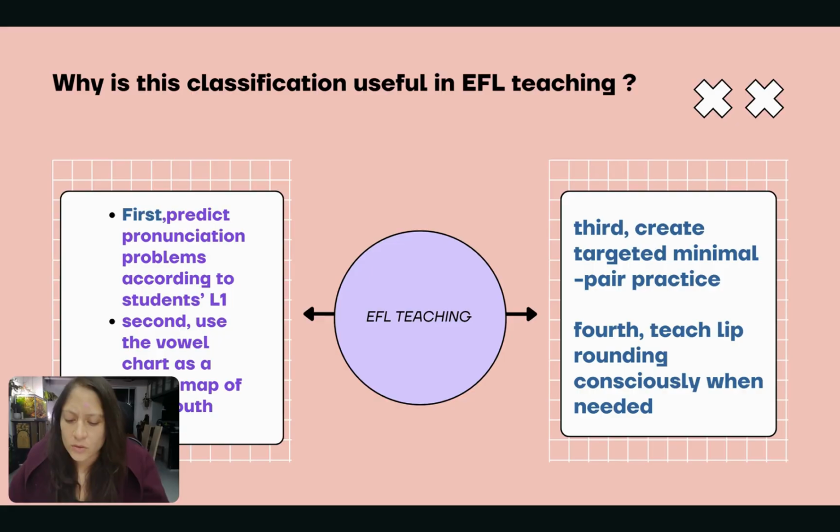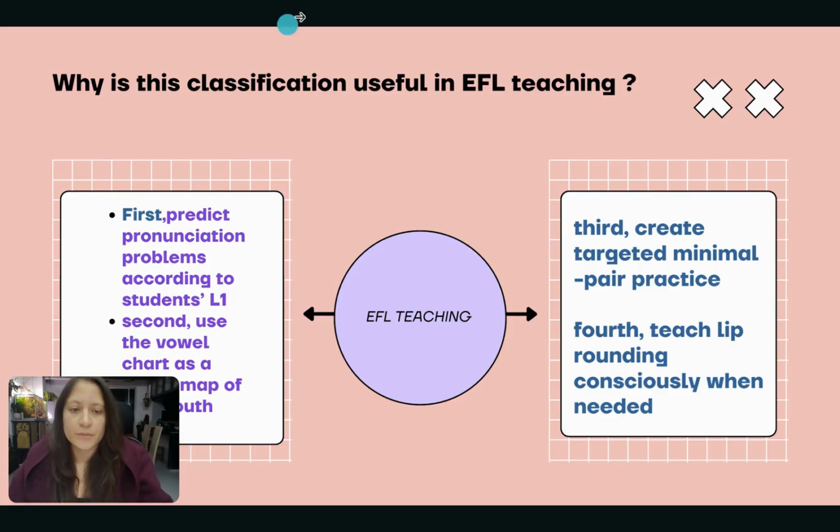So, how does understanding vowel classification help us in teaching? First, we can predict pronunciation. Second, we use the vowel chart. Third, we create targeted minimal pair practice. And fourth, we teach lip rounding consciously and when needed.